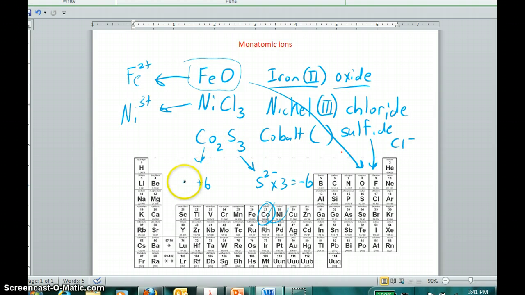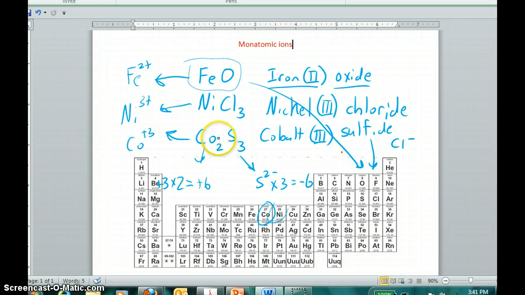And we have 2 of the atoms that are charged, and so they must each be +3 if they're going to add up to +6 for a total charge. So yes, because I know the 3 anions end up to -6, I know the 2 cations have to add up to +6, and if the both of them add up to +6, it means each of them is a +3 cation. So this compound is called cobalt 3 sulfide.